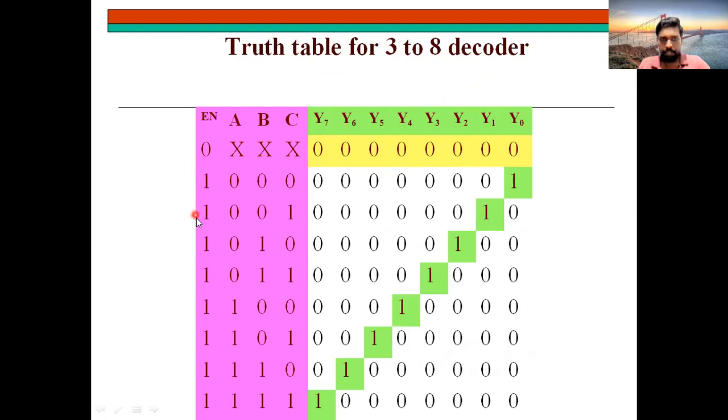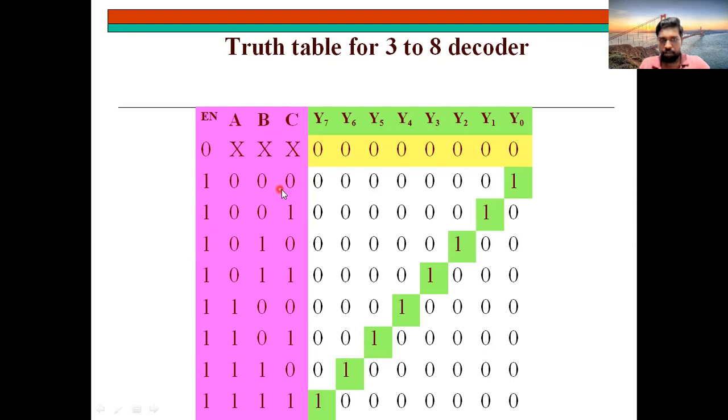Next, for the enable equal to 1 condition, we will have different inputs. As we have 3 inputs here, we will have 8 combinations: 000, 001, 010, 011, 100, 101, 110, 111. These are the 8 different combinations we get when enable equals 1 for 3 inputs.